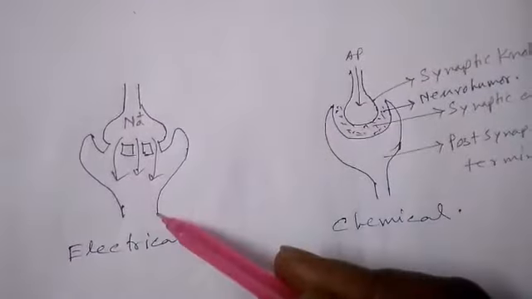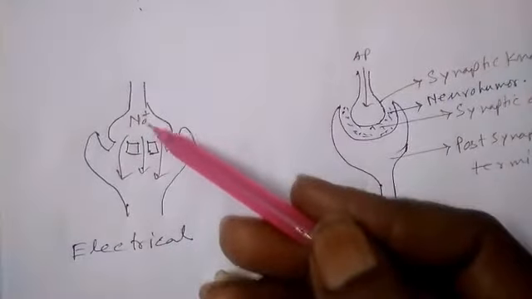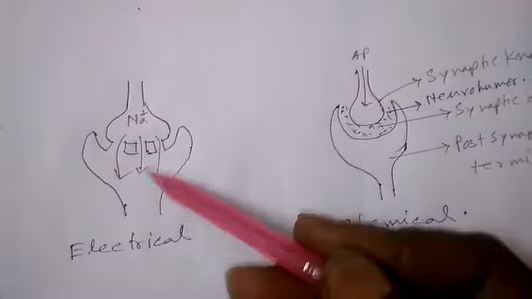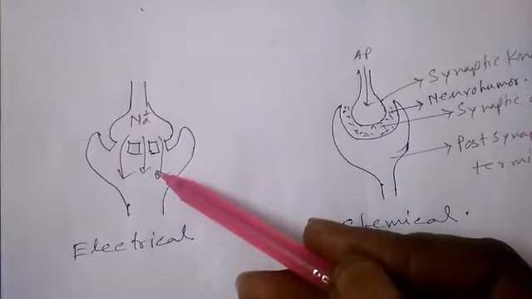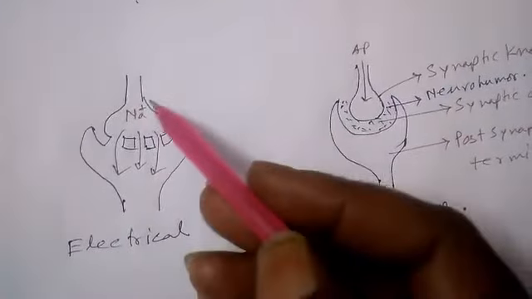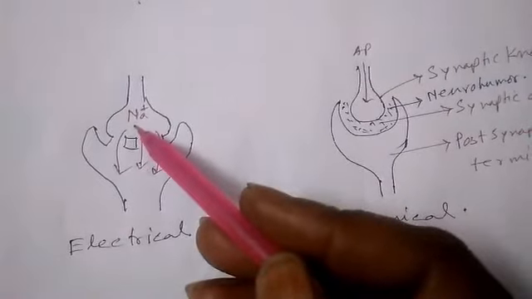But in case of electrical synapse, there are some gap junctions between the two successive neurons. That means there are some cytoplasmic connections between the two successive neurons. A neural signal means high concentration sodium flow.